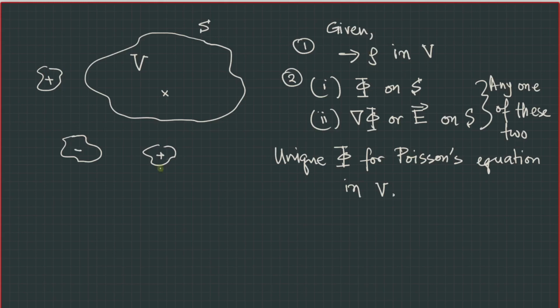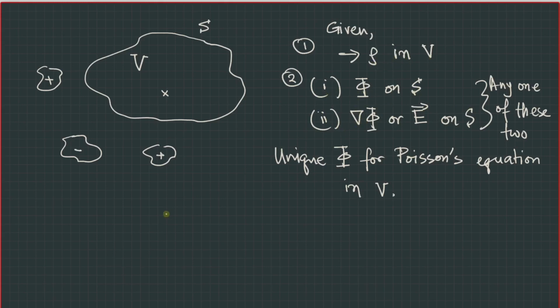Now, the entire information of this is contained in either of these two. Thus, collectively, they can help us find the potential inside the volume. Now, any one of these two conditions along with this is sufficient.